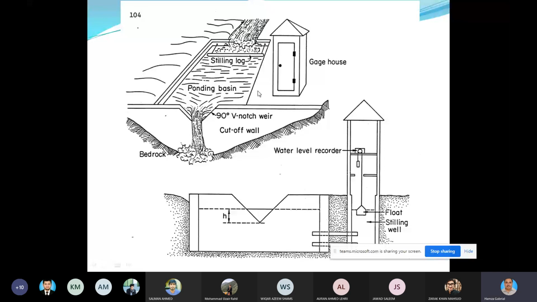So you can measure the head and find out the discharge by a suitable formula of V notch, which is generally like Q is equal to CD, the discharge coefficient, multiplied by the head raised to some power like 3 by 2 or 5 by 2, and you can find the discharge.